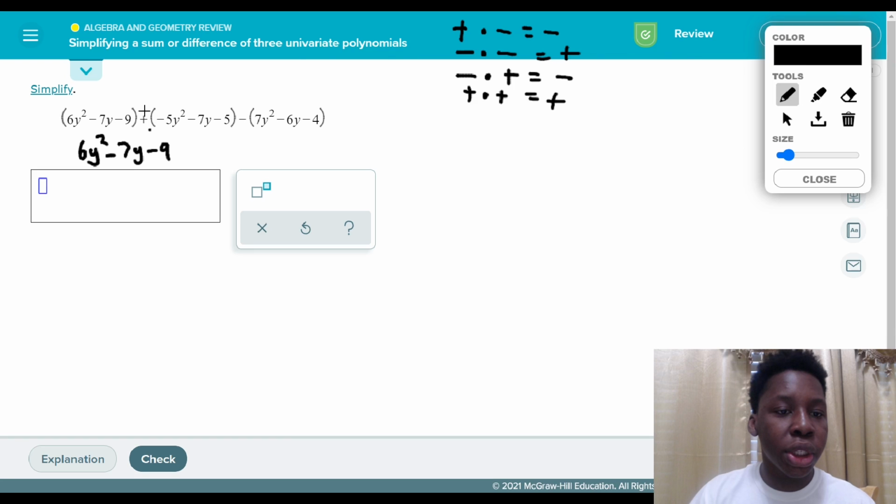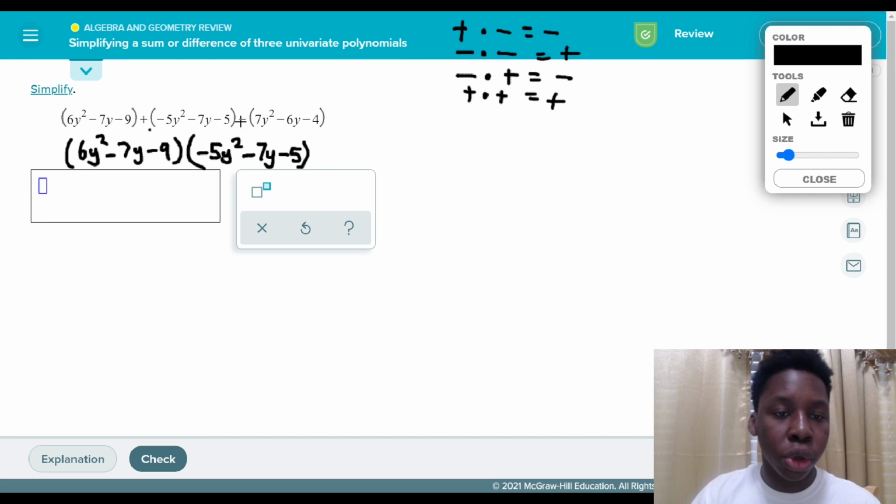So let's say we have 3 here, we'll distribute 3 throughout, right? That's the same thing we're doing with plus here. So everything in here is going to be a minus, because plus times a minus equals a minus. So they all remain the same. This is minus 5y squared, and then minus 7y minus 5.